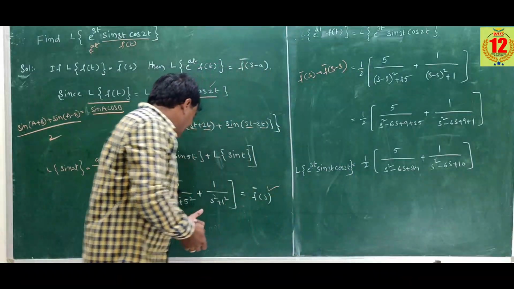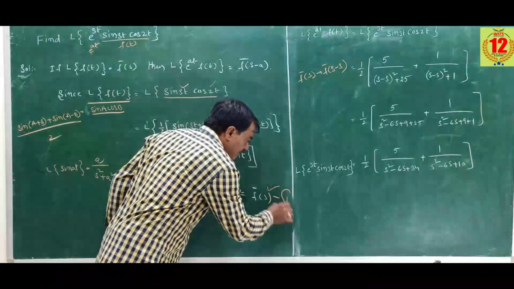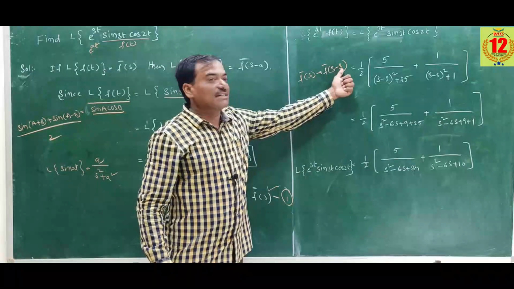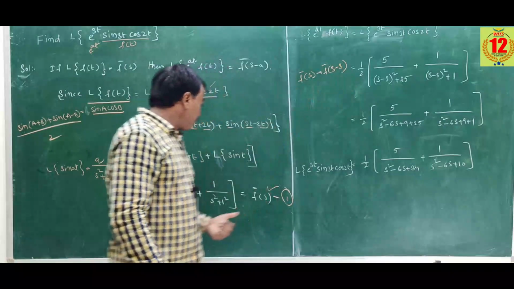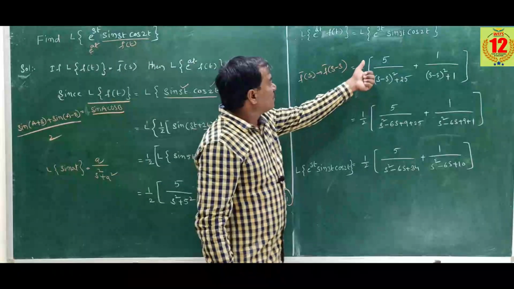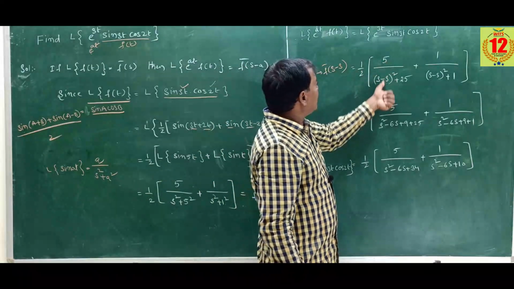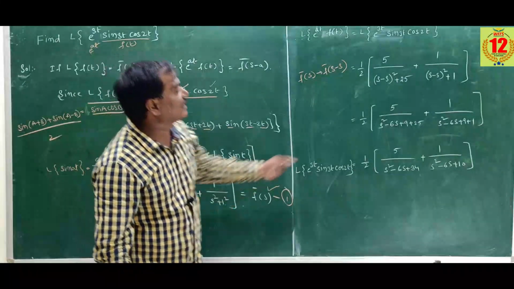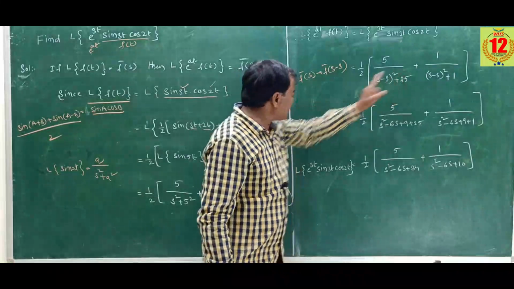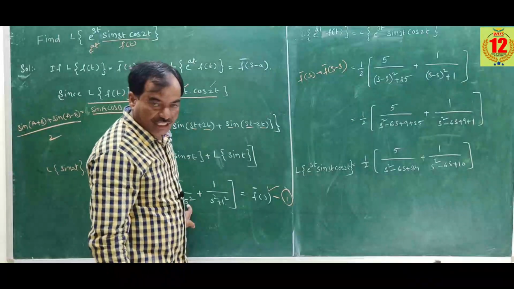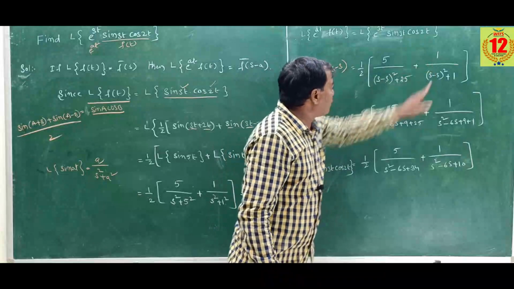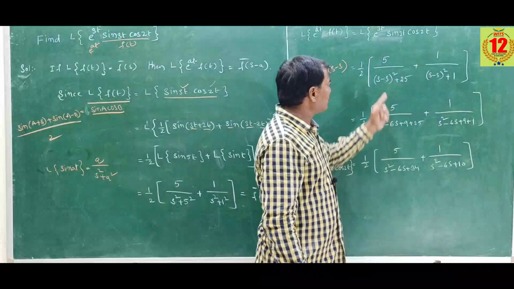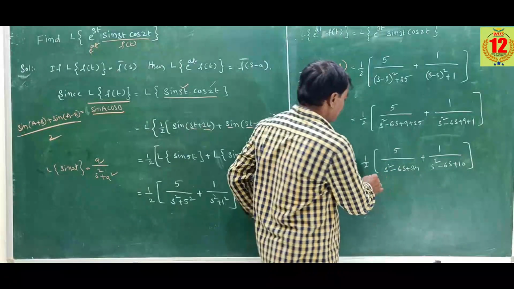So in this equation 1, this s is replaced by s minus 3. Therefore, equation 1 becomes 1 by 2 of 5 by (s minus 3) whole square plus 25, since 5 square means 25, and the second term 1 by (s minus 3) whole square plus 1. After simplification, this becomes this form.